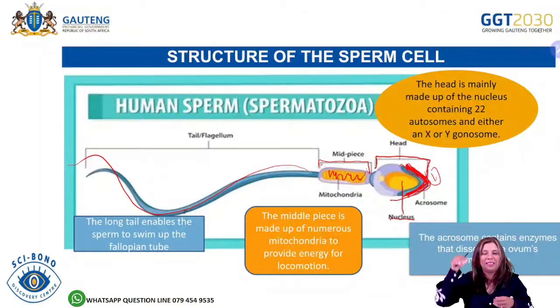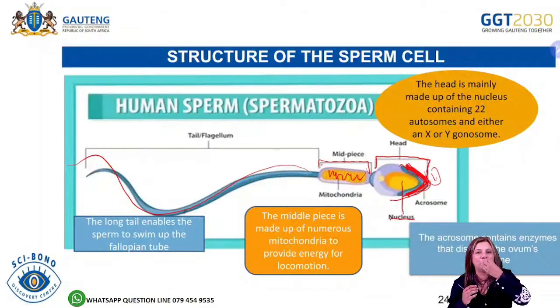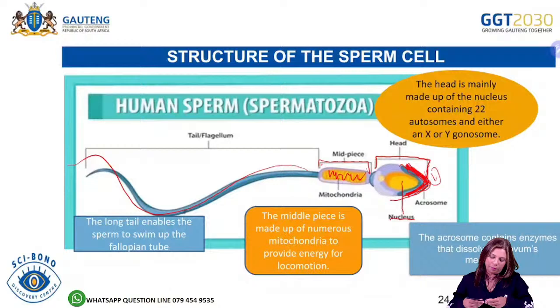So when it makes contact, it needs to penetrate. How is it going to penetrate? It needs enzymes to break the membrane of the ovum down. Okay? Same way, when you put food into your mouth, you've got enzymes in your mouth, it breaks it down. Okay? So here, we have enzymes in the acrosome, which helps to break the ovum's membrane down.